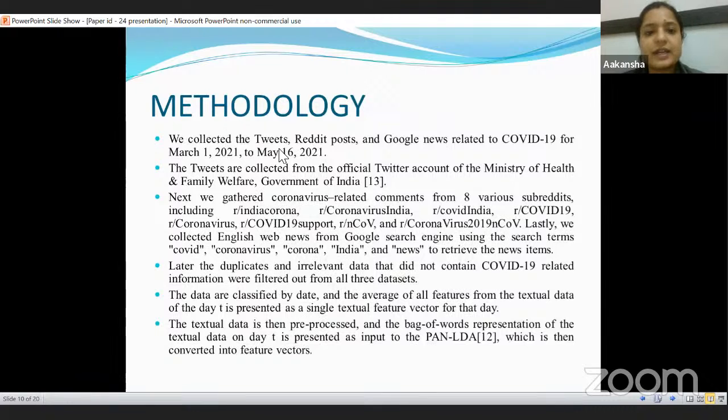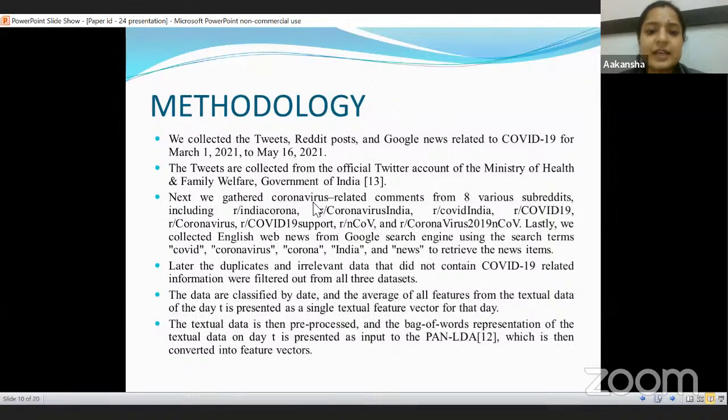First, we have collected the data. We have collected the tweets, Reddit posts, and the Google News related to COVID-19 from March 1 to May 16. For the tweets, we have used the Tweepy API, and we have collected the tweets from the account of the Ministry of Health and Family Welfare, Government of India.